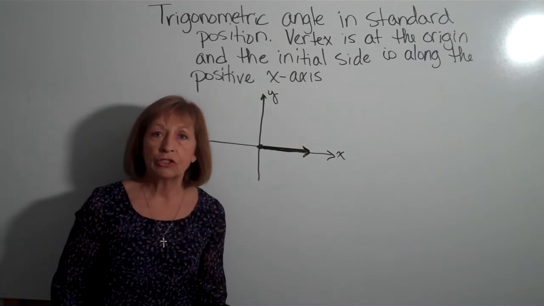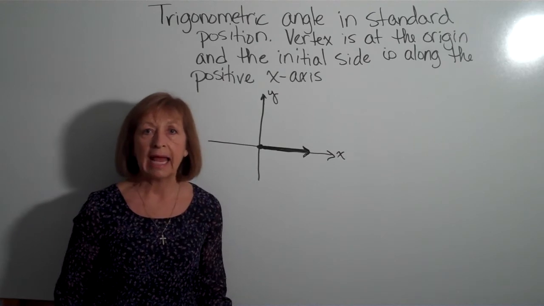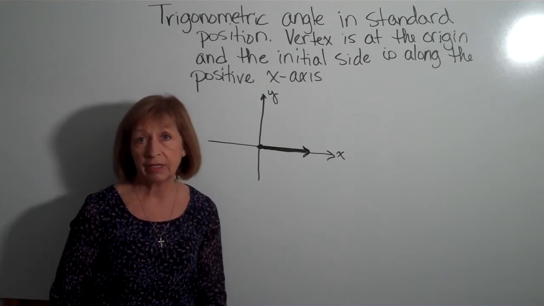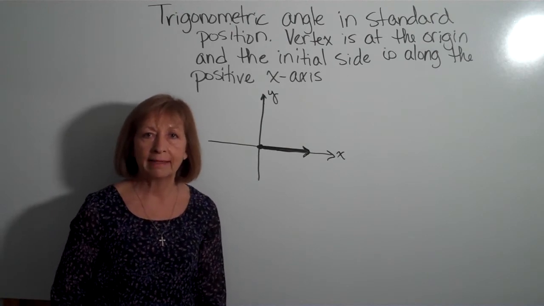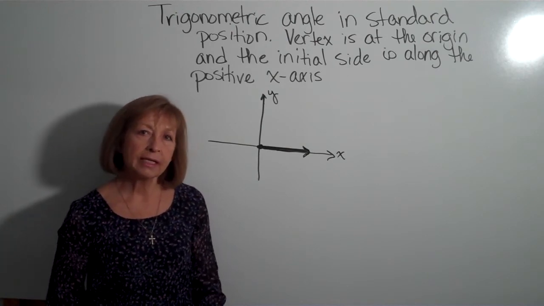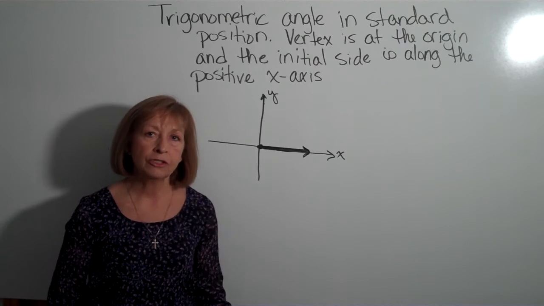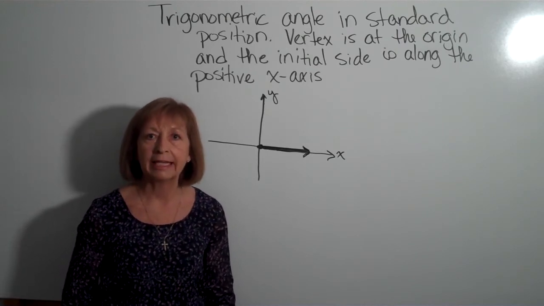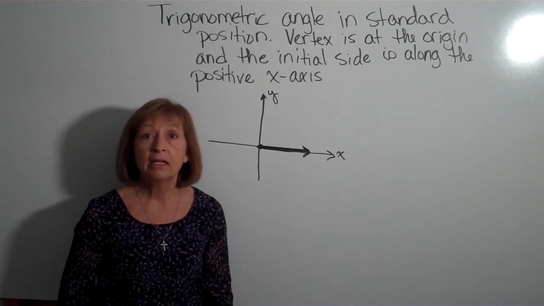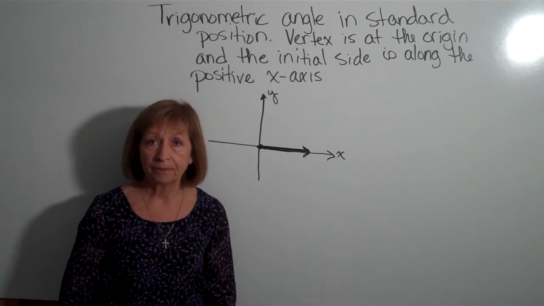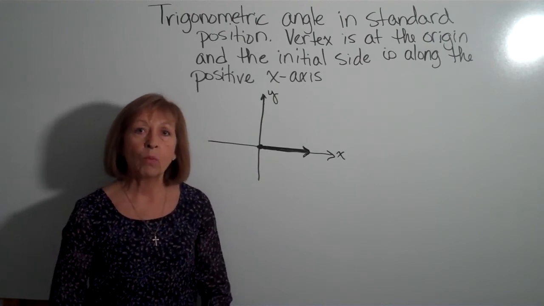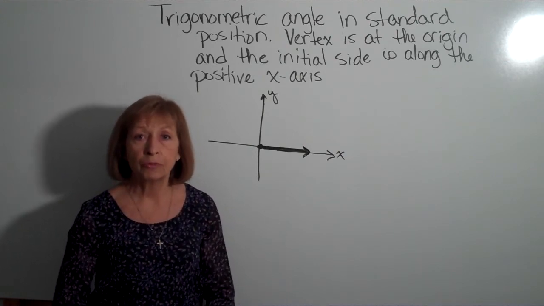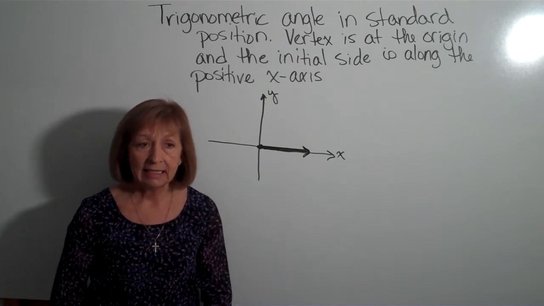Now, unlike the geometry angles that had to be from 0 to 180 degrees, where we just measured the span between the two rays that had the common vertex, a trig angle is actually the rotation from the initial side to the terminal side. Also, we will name our angles by what quadrant their terminal side lands in.